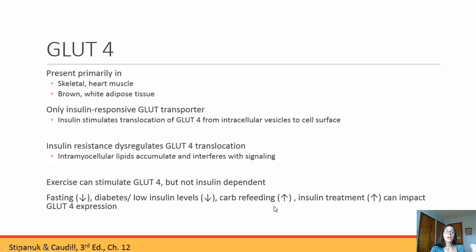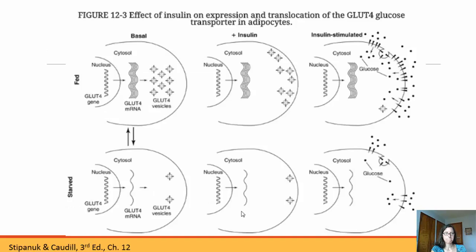But if we are carb refeeding, then of course that's going to increase our GLUT4 because we need to bring the glucose into the cell. If we're treated with insulin, of course that's going to increase our GLUT4 availability and expression. In all of these instances, our body is able to regulate the expression of this transporter depending on what circumstances our body is facing.